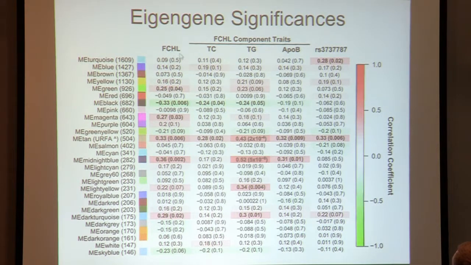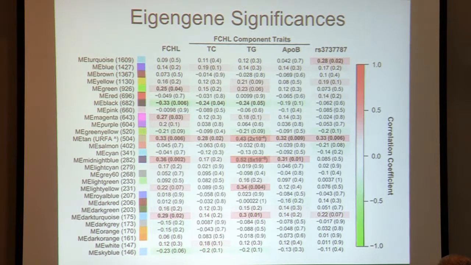And here are the FCHL component traits. And remember how I mentioned to you there's this one module in the middle, the TAN module, that has significant correlations with total cholesterol, triglyceride levels, and importantly, also with the SNP that was implied in the linkage study. So that was a very interesting module to us. But of course, now one can look at hub genes in that module.